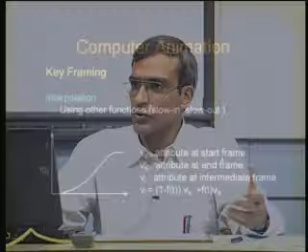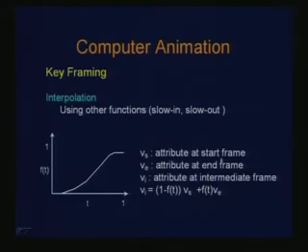So, here this interpolation is basically on an attribute which could be position, which could be anything, right, which is represented through Vs, and V is the attribute of the end frame, and I do the interpolation using this: 1 minus F(t) times Vs plus F(t) times V, instead of just using t, right.